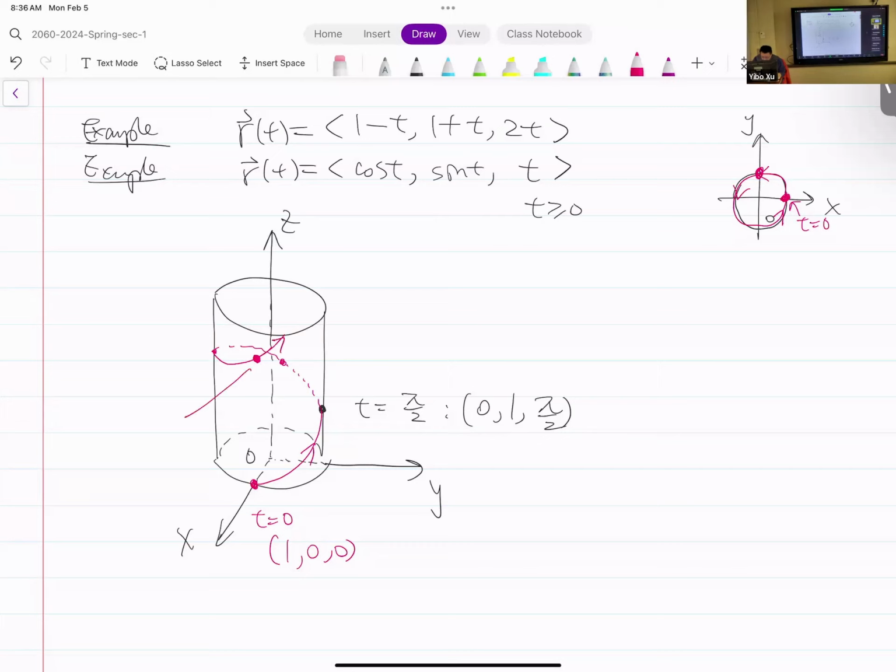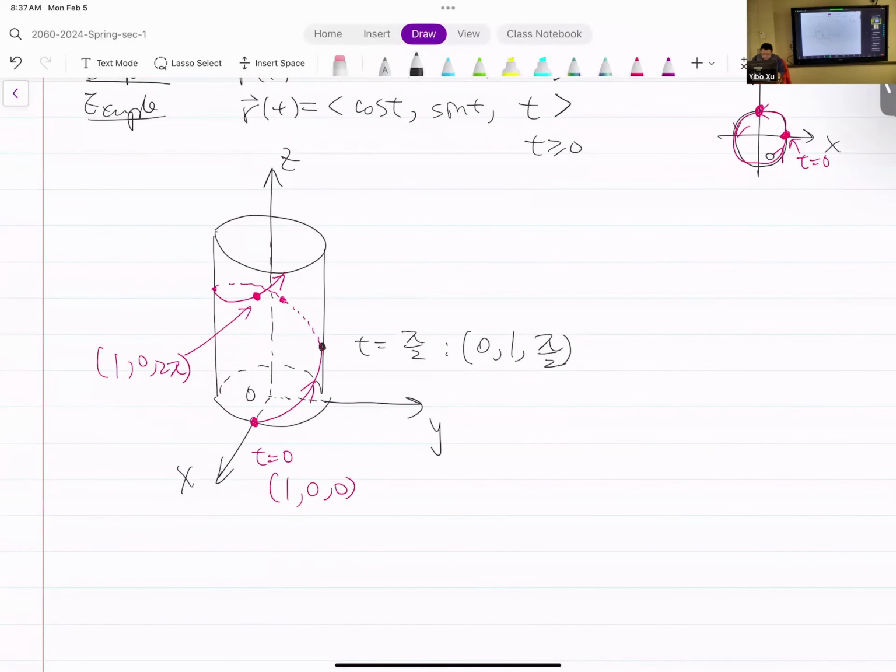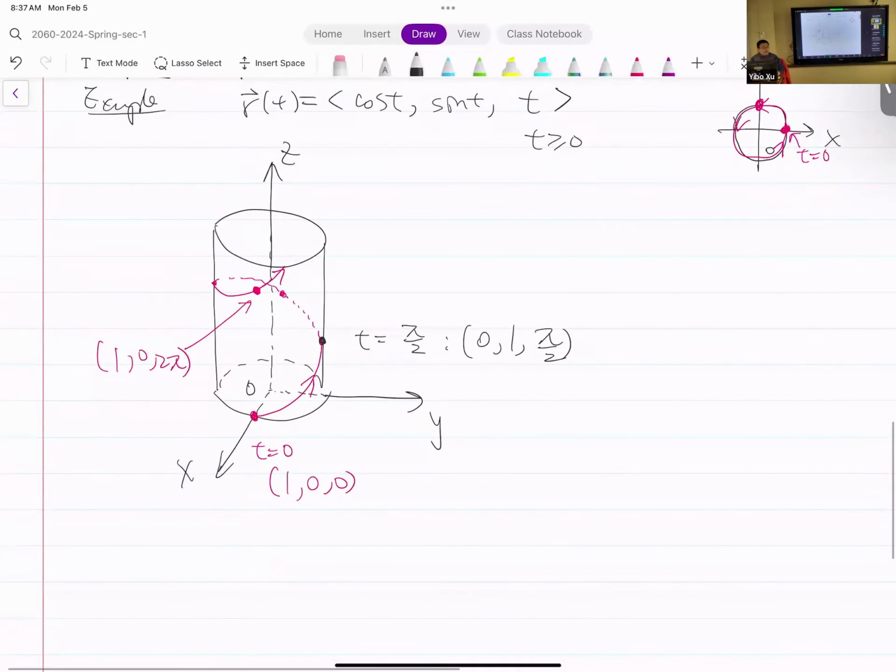So this is exactly 1, 0, 2 pi, right? So now you circulate for 2 pi, and then you get the original point 1, 0. But then your elevation is t, which is 2 pi, right? Any questions so far?